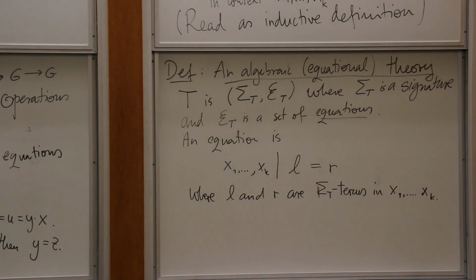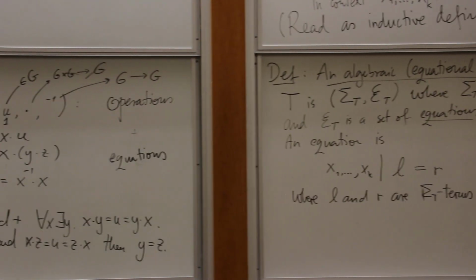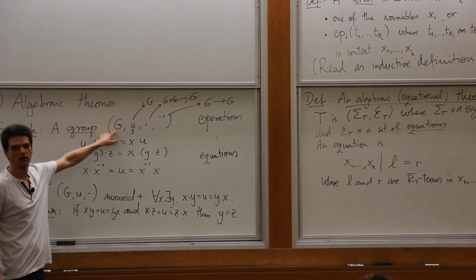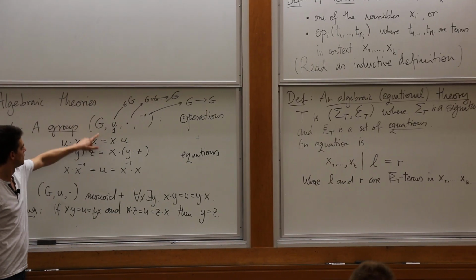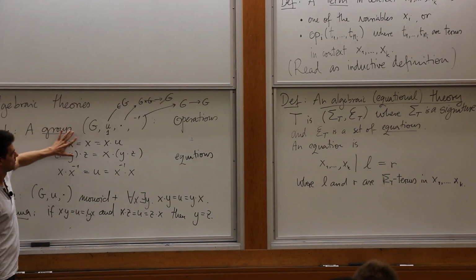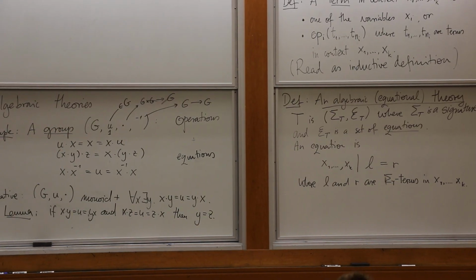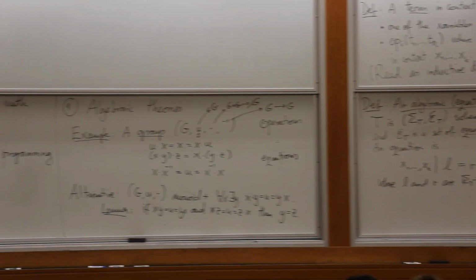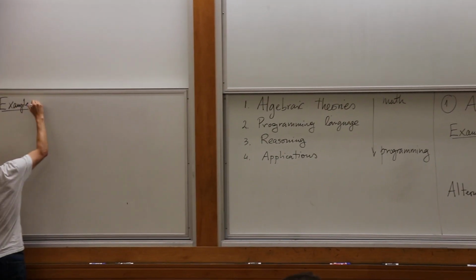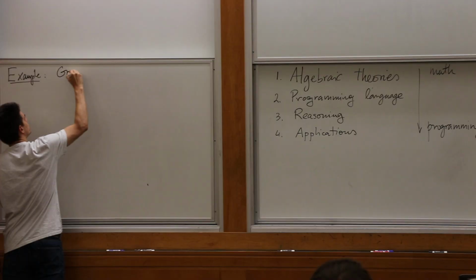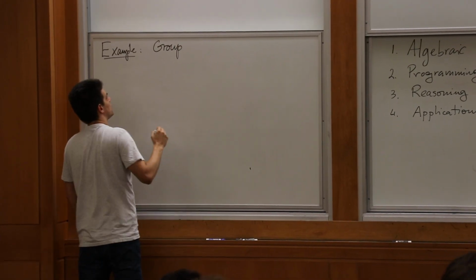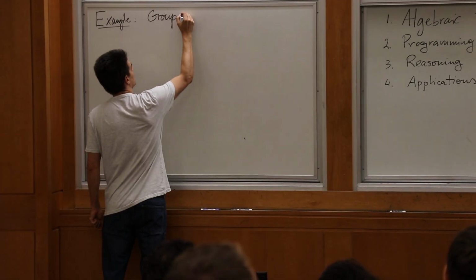So if we go back here, we're going to see that it's kind of that, except that I needlessly put this G down here because I'm not really using it. So if I formulated the theory of a group as my example, the theory of a group, what is it? So let's be quite formal here, okay? So the theory of a group would be like this.